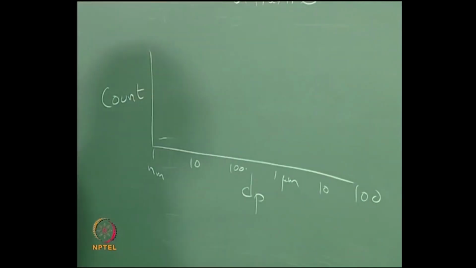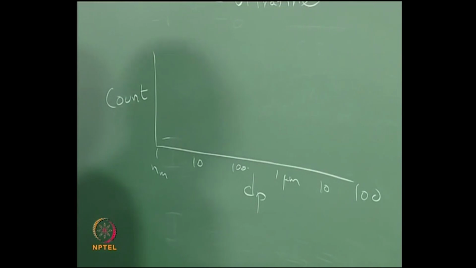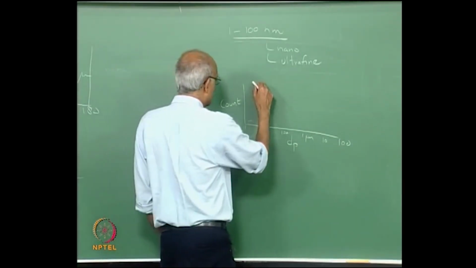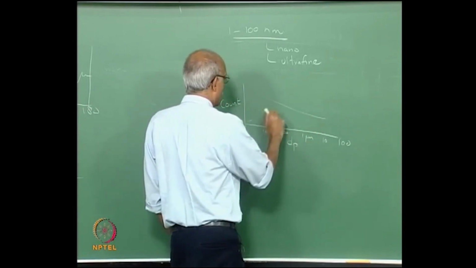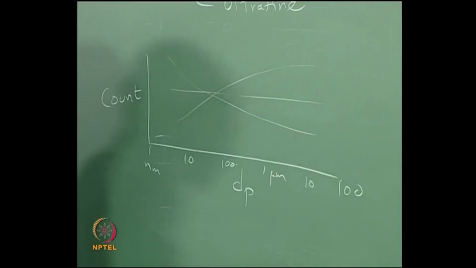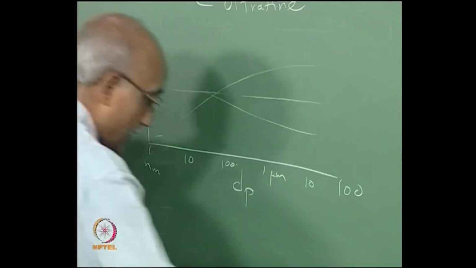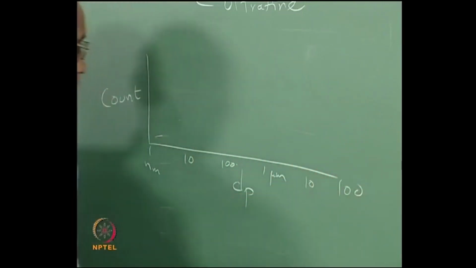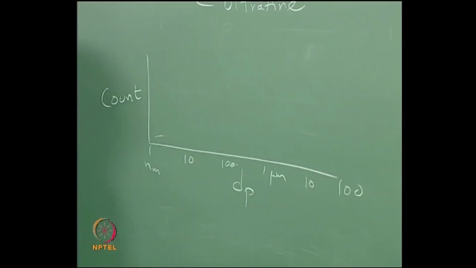What type of shape do you expect? Do you have any idea? Will it look like this, or like this, like this? Yeah, actually the prevailing shape is trimodal.